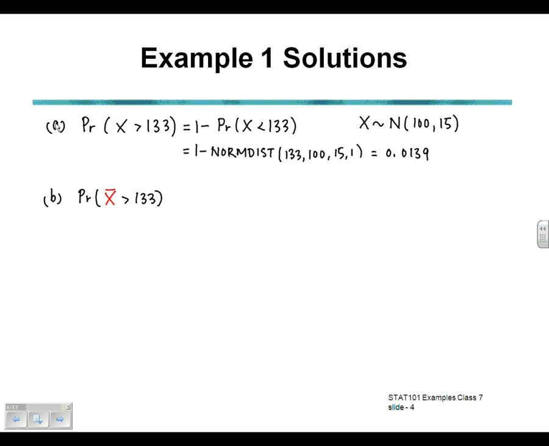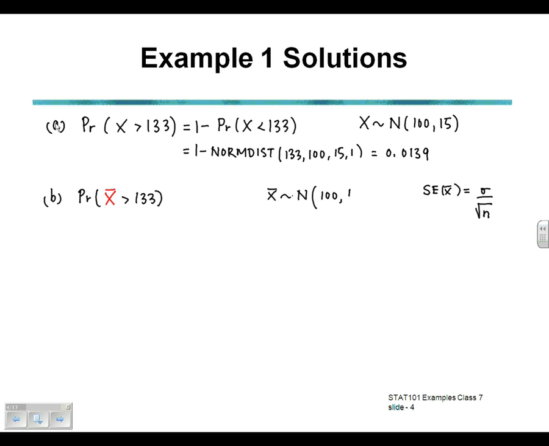the sampling distribution of the mean, and this means that x bar comes from a normal distribution which has the same mean value, 100, but the standard deviation this time is the standard error, which is the standard deviation divided by the square root of the sample size. So sigma over the square root of n.